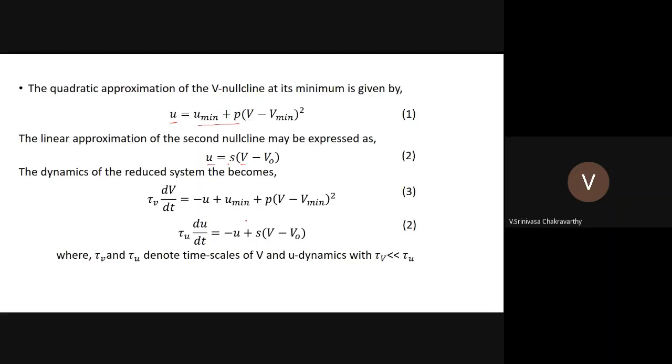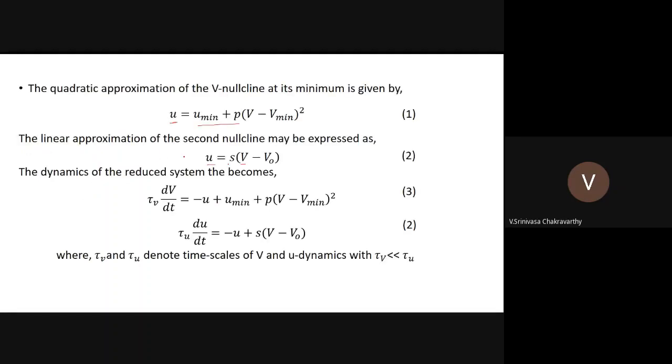Now if you take two null lines like this, a quadratic function and a linear function, this is the U dimension, this is the V dimension. If you look at these expressions, this expression equal to 0 is the V null line.